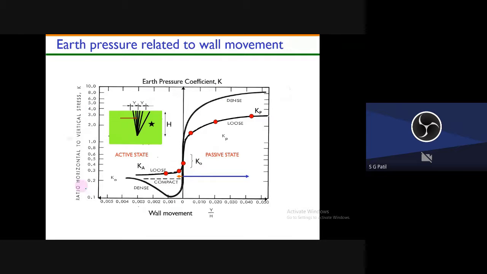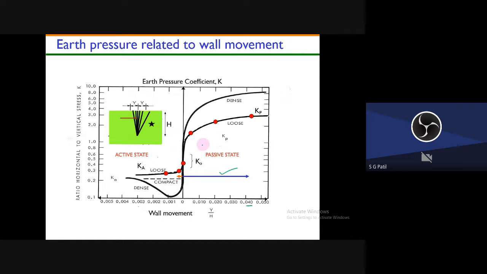To produce the passive earth pressure, the wall should move to a greater extent. You see, this much the wall should move. How much? If you take the y/h ratio, that means the movement with respect to the height of the wall, almost 0.040. That much length it should move.